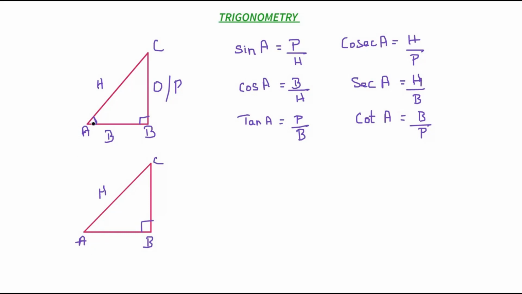Now earlier we took the reference angle as A, right? Now we are going to take the reference angle as C. So here the reference angle is C. So which is our base and which is our perpendicular? The side directly opposite to the reference angle is our opposite side or perpendicular.